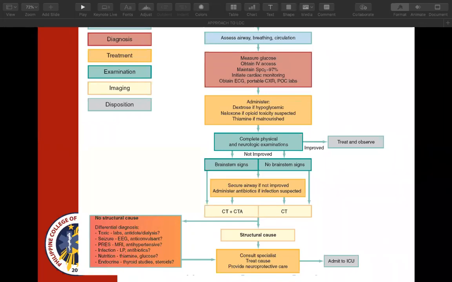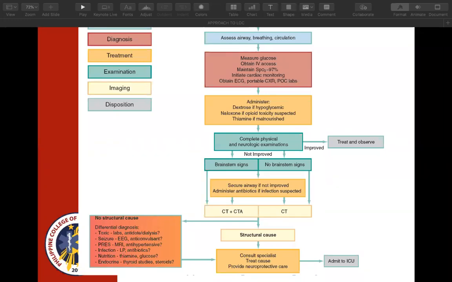Okay? If the patient's condition improves, we treat and observe. If the patient's condition does not improve, despite the blood sugar being normal, SpO2 controlled or stable, and ABC already stable, we think of brainstem signs.